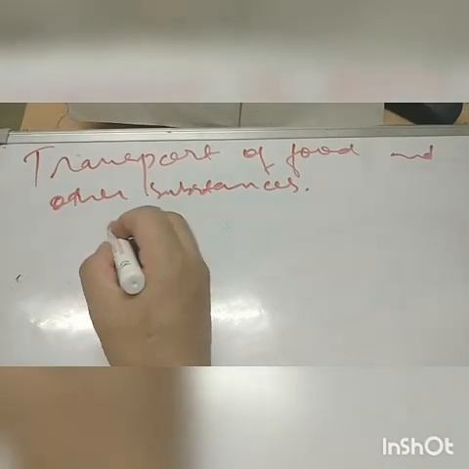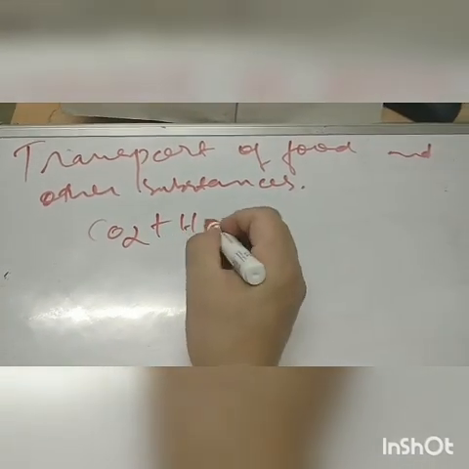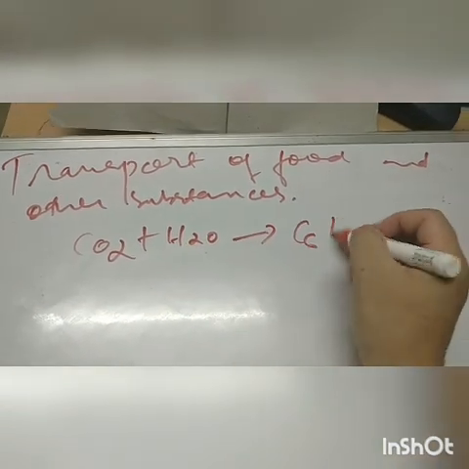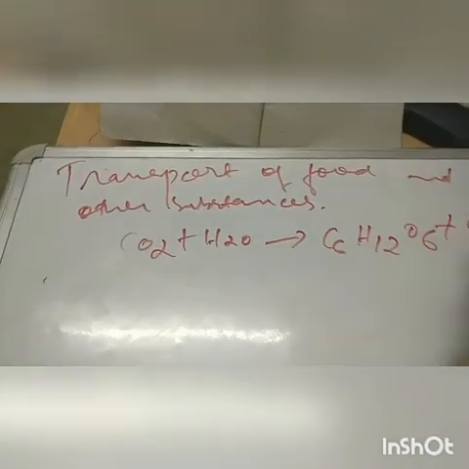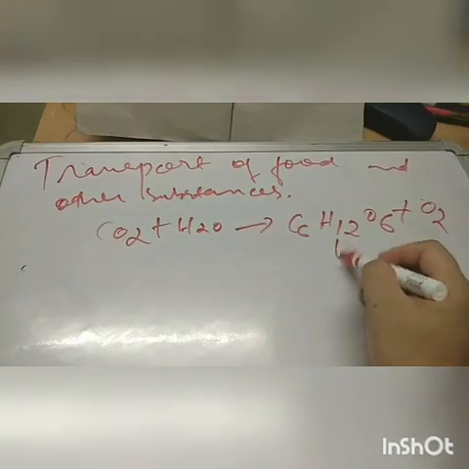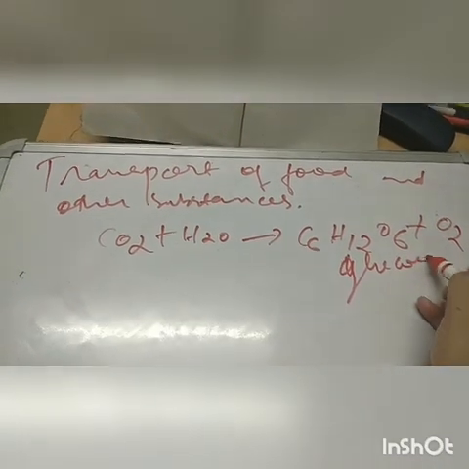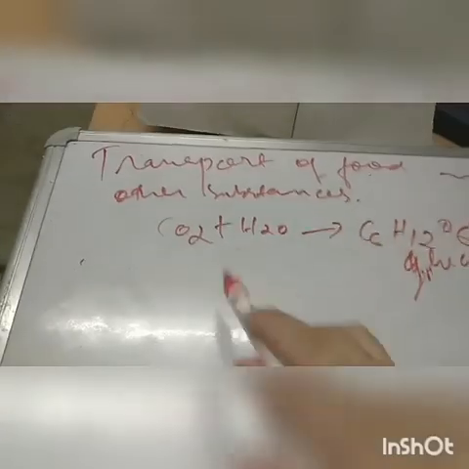The formula of photosynthesis: carbon dioxide plus water gives C6H12O6 plus O2. So this is the glucose. This is the food for the growth and development of the plant. Now we will see the transport of this glucose food into the whole parts of the plant.